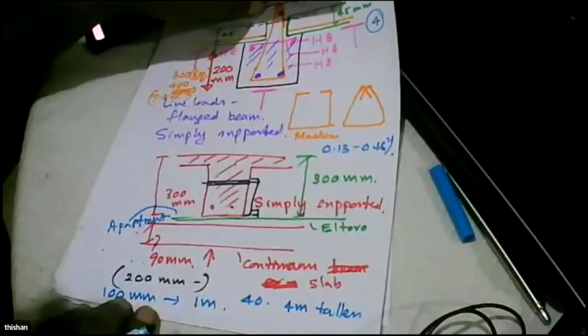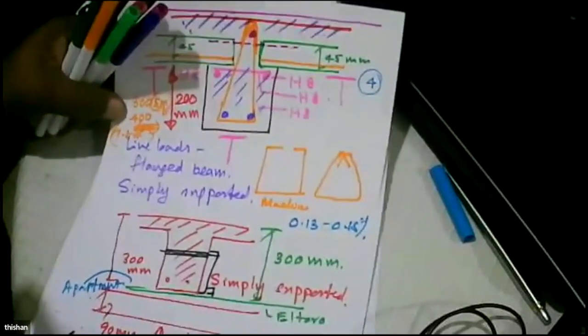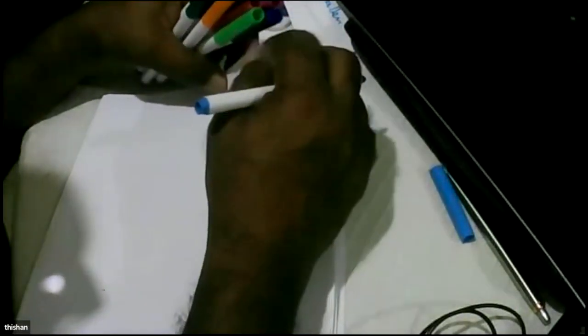So in that case, how can we design this slab system? So first we'll design the slab. There are two sizes that we commonly use.